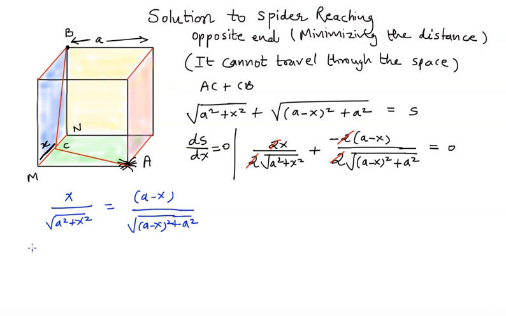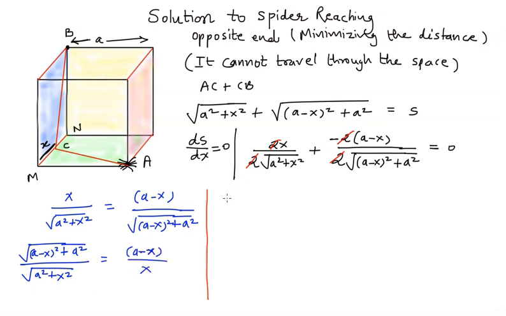We can also write this as square root of (a minus x) square plus a square divided by square root of a square plus x square is equal to (a minus x) divided by x. If we square both sides, we get (a minus x) bracket square plus a square divided by a square plus x square is equal to (a minus x) square divided by x square.